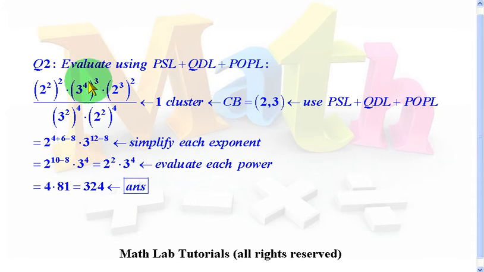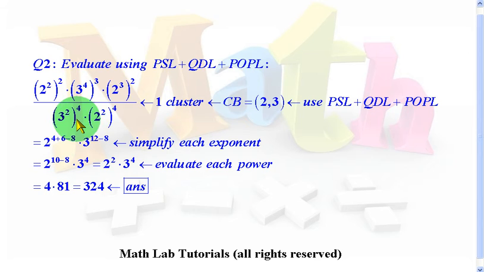So we're looking at Q2 over here, and we're going to be using product sum law, quotient difference law, and power of a power law. And possibly the distributive law, probably in the next question. I'm not sure because I can't remember.